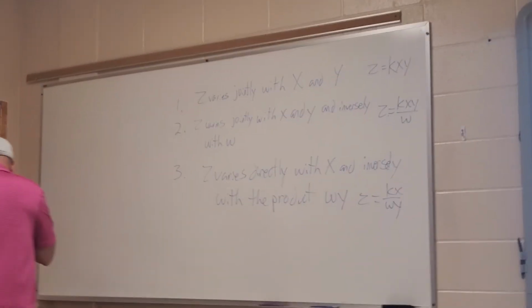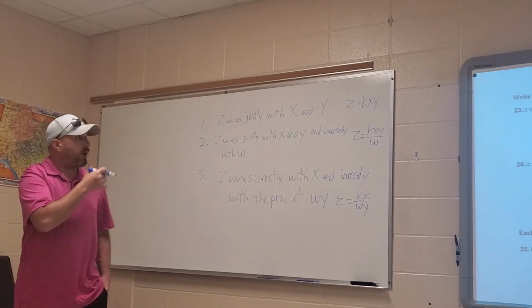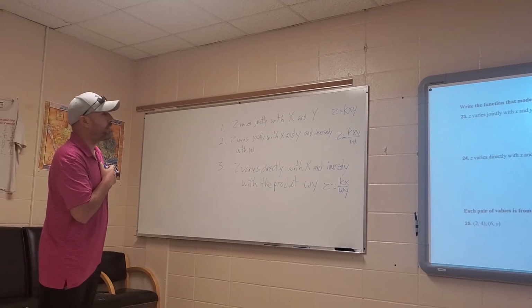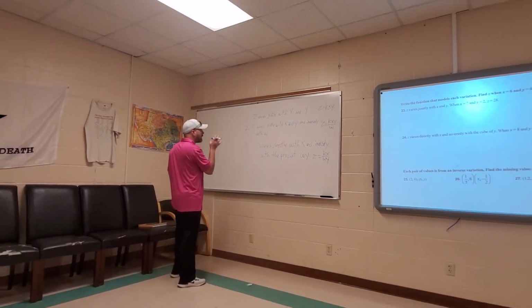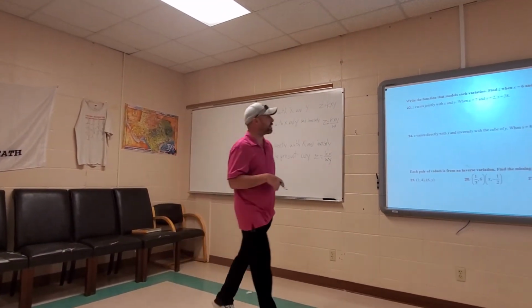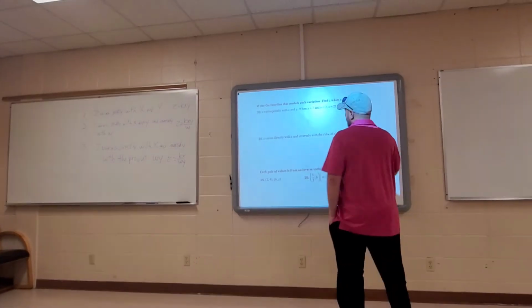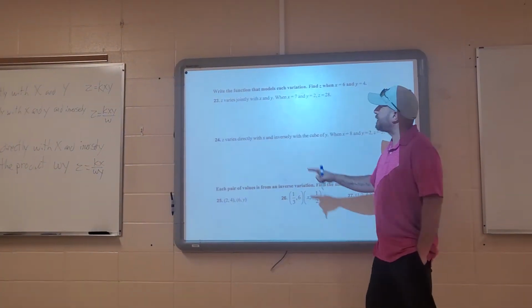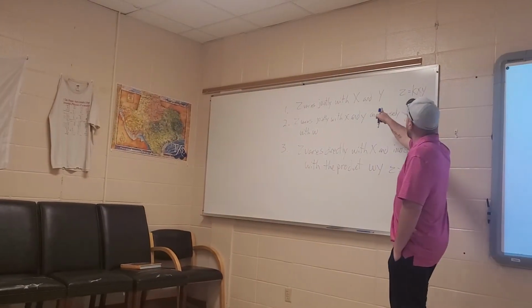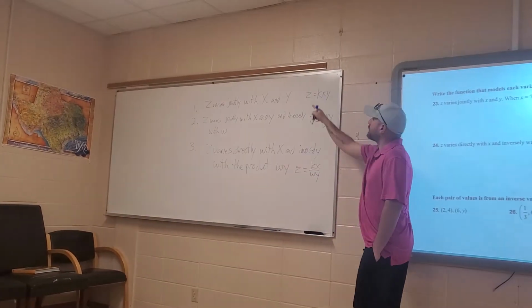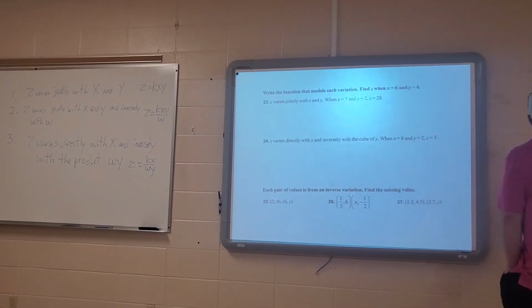Okay, these are the three. So, this is when a function has three variables. Okay, so we use these three over here. Alright, so the first one says z varies jointly with x and y. Well, z varies jointly with x and y, that's this first one, so we need this first equation, z equals kxy.